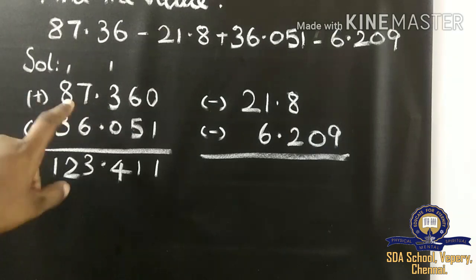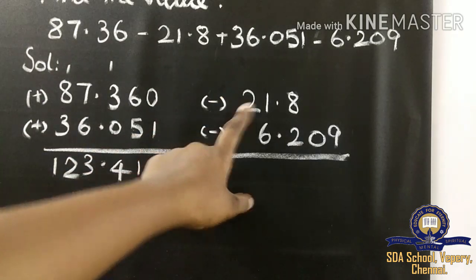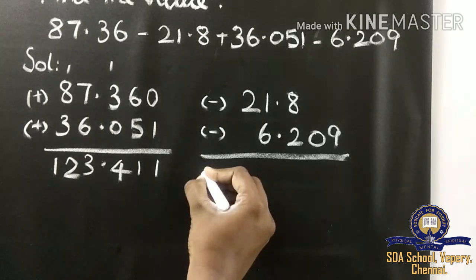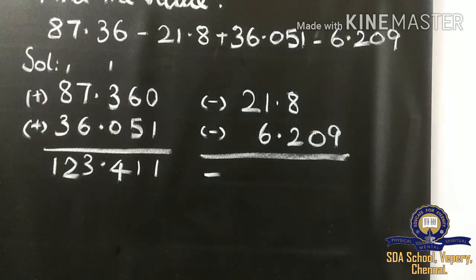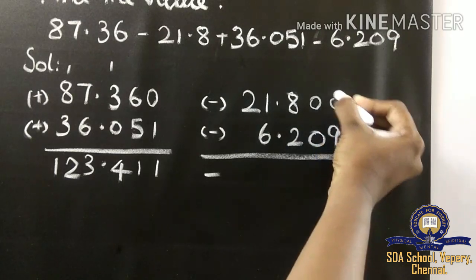Both of these are negative. In addition or subtraction, if both numbers are negative, we will add and we will put the sign of the greater number, right? What is the greater number? 21.8. So we will put the greater number's sign and we will add, right? Here there is no value, so we are going to add 2 zeros.